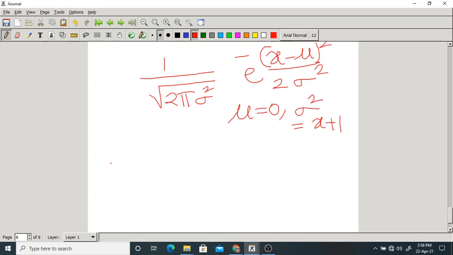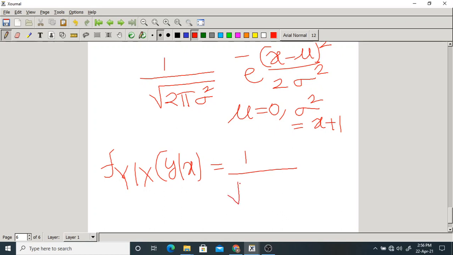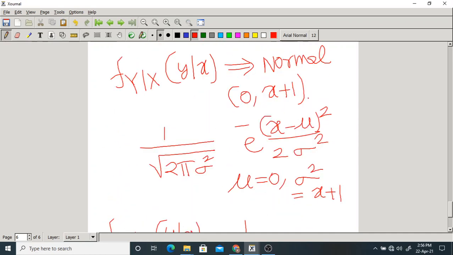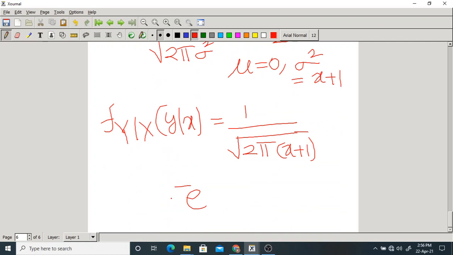Now finally, the conditional PDF of y given x will be 1 over root of 2 pi into sigma square, where sigma square is x plus 1, into e power, mu is 0, only the square is left, minus x square by 2 into x plus 1.